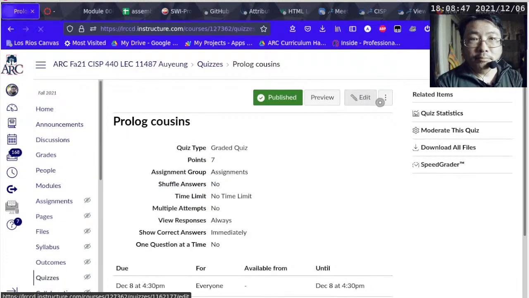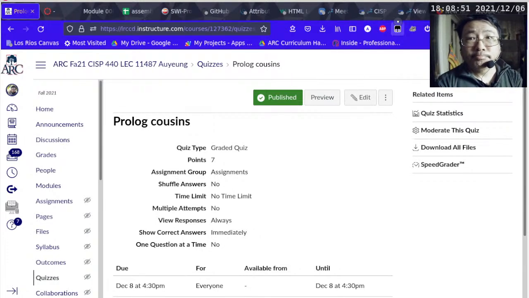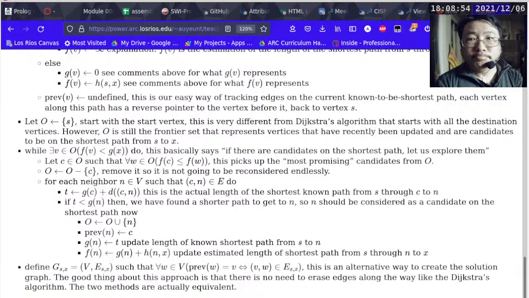Yeah, go ahead. So these questions are based on the homework that we just had. If you're looking through basically the queue, where it has the boundaries of exploration, the algorithm prematurely ends because all the estimates that we know of, which is F, are all larger than what we've already found in G. And the algorithm prematurely ends.